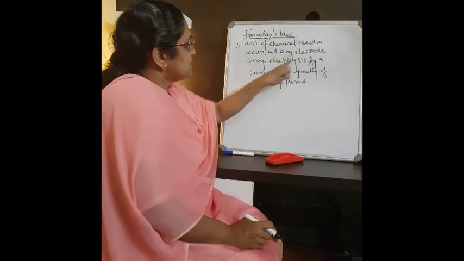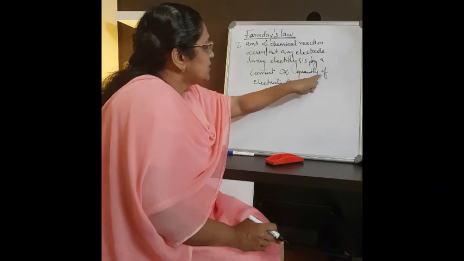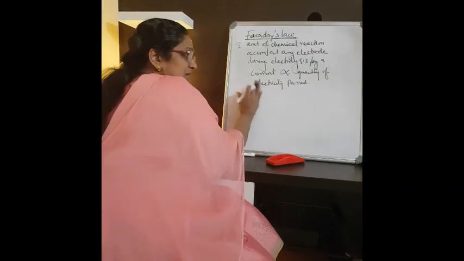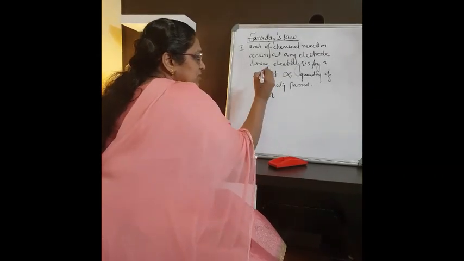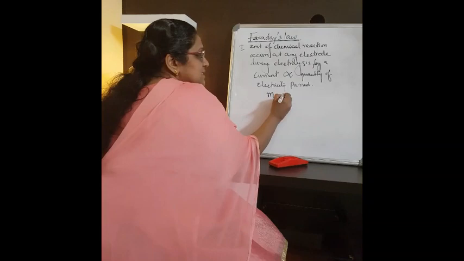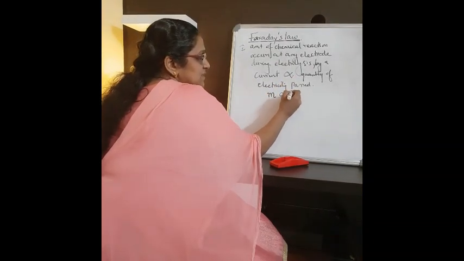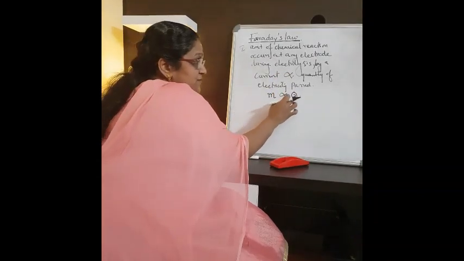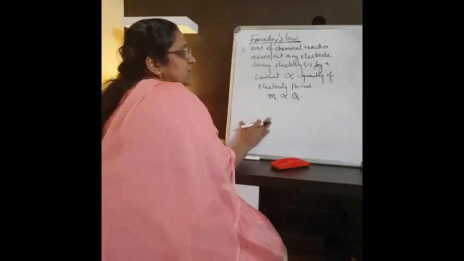So that, by a current, is directly proportional to the quantity of electricity passed through it. Now, mathematically I can say that this amount of chemical reaction or the mass deposited is directly proportional to the quantity of electricity, that is Q. The quantity of electricity means the quantity of charge which is passed through that electrolyte. This is the first law.